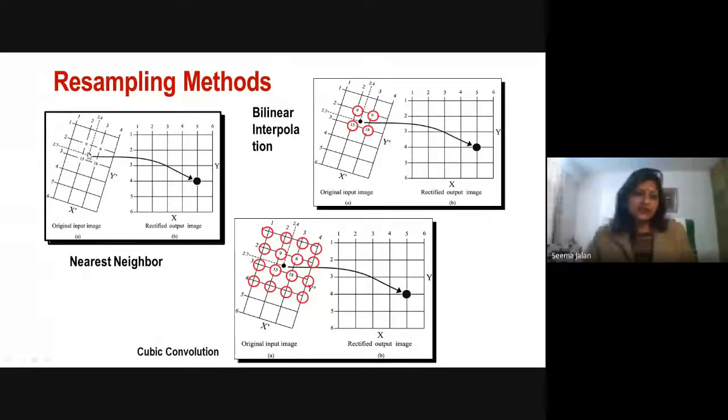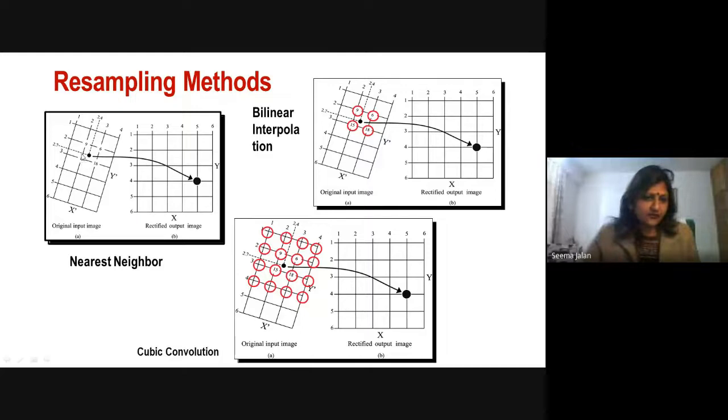Then you calculate this straight line distance from all these 4 pixels, and you will see that this is the minimum distance. For this, we'll consider this triangle, 0.4, 0.7. Sorry, this will not be 0.7, it will be 0.3.